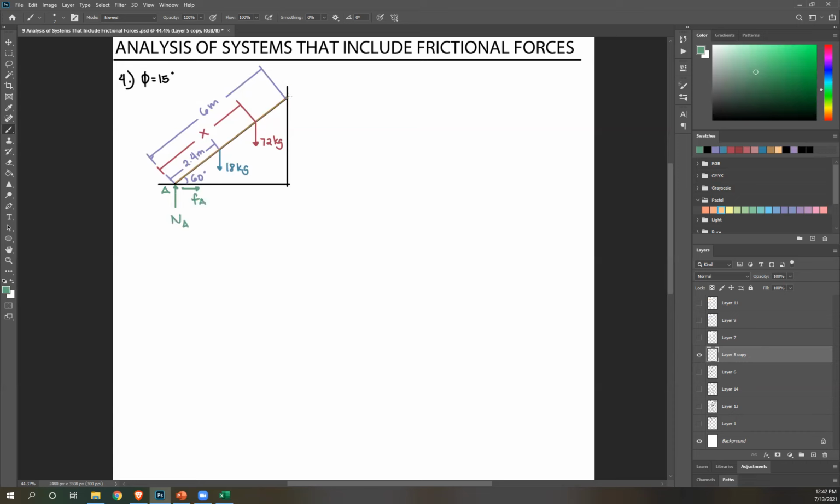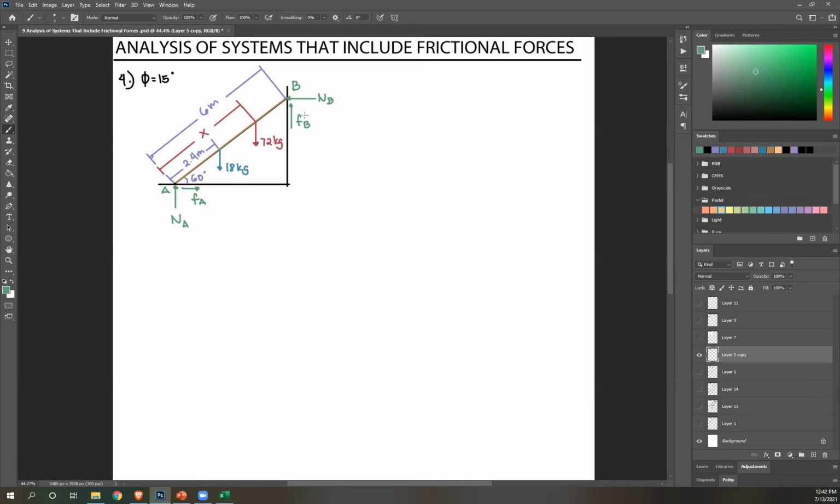And then same thing here. Let's call this point B. Right? Again, normal, perpendicular to your surface. The tendency of your ladder is to go downward, so friction is upward. So FB. Okay.